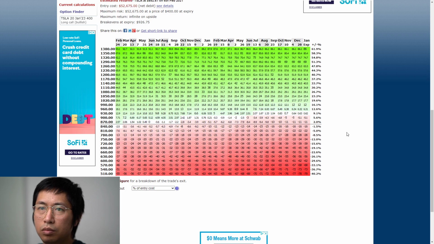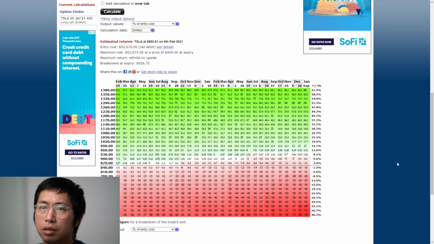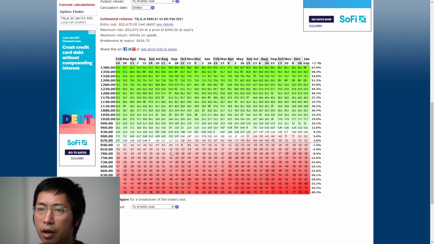So, as you can see here, this is the profit loss calculator. And as you can see, if it goes below a certain price, you're going to be losing money. And if it goes up and up and up, you're going to be gaining money.